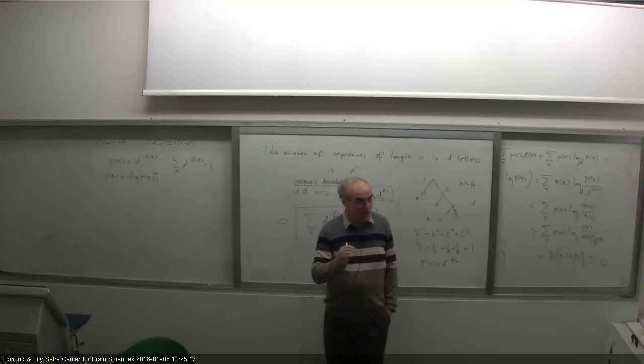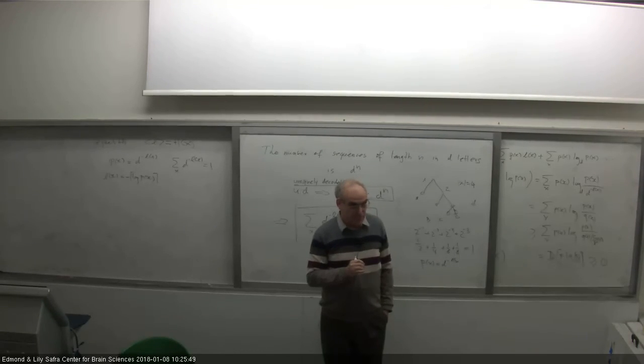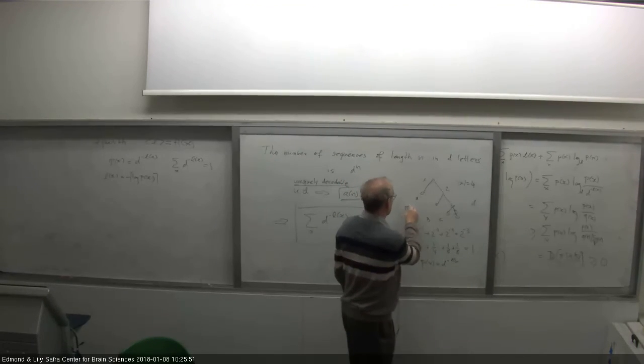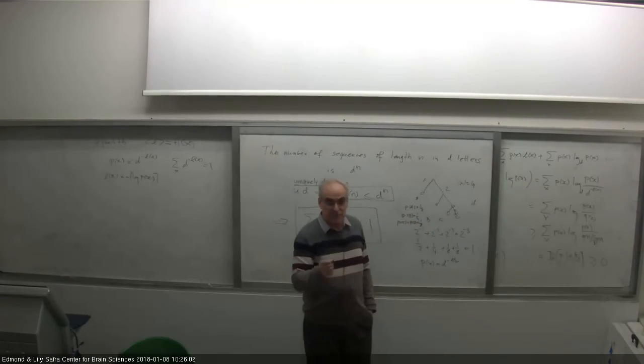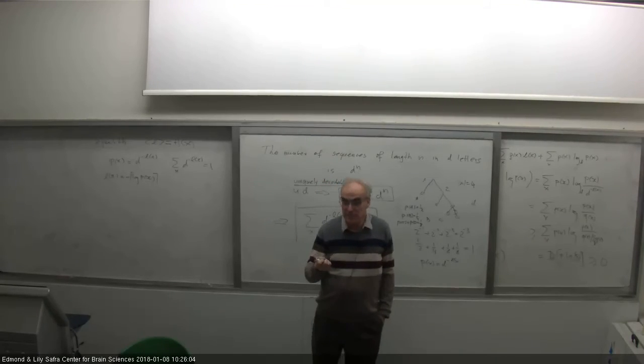It actually achieves this lower bound. So if P of A equals 1/2, P of B equals 1/4, and P of C equals P of D equals 1/8, then I have exactly a perfect code.